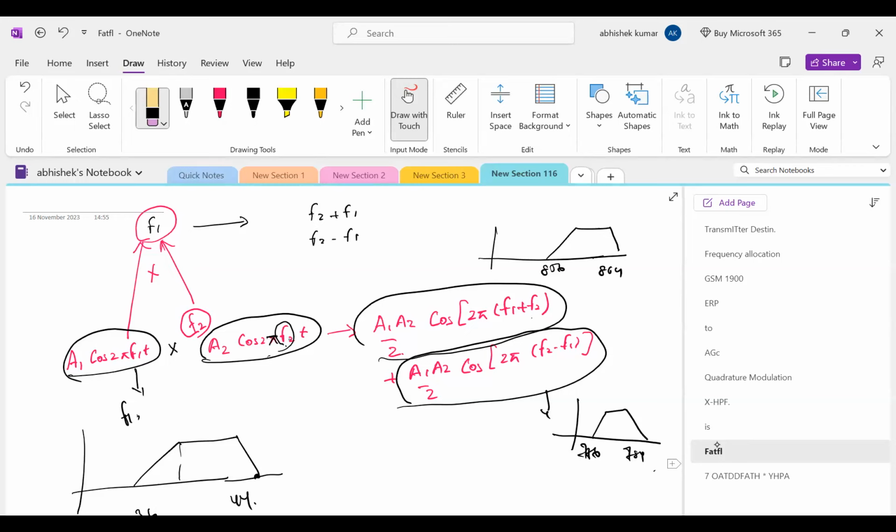The gain is 5. How is the gain 5? Isn't it output power over input power? What is the output power? 25.